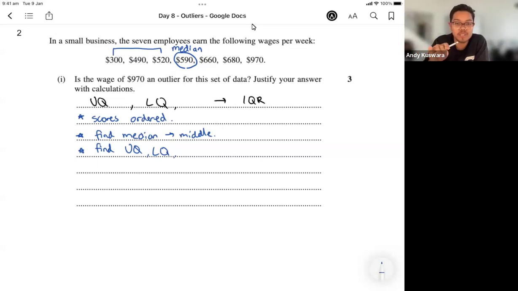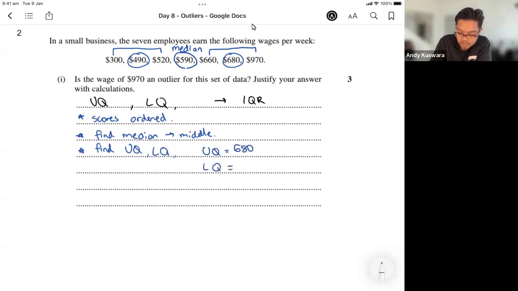But because there's only one score in the middle, I only have to find the middle of whatever scores are left. And you can see here, it's quite easy to see. Those there are my middles. So that means my upper quartile is going to be 680, and my lower quartile is going to be 490.